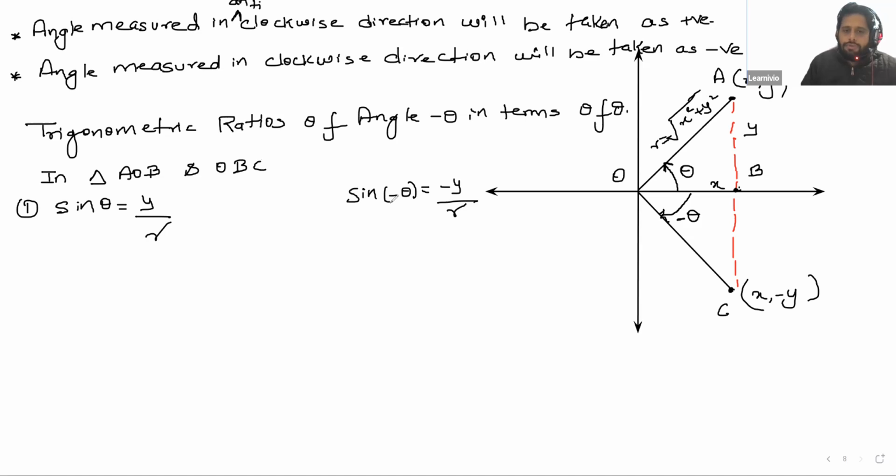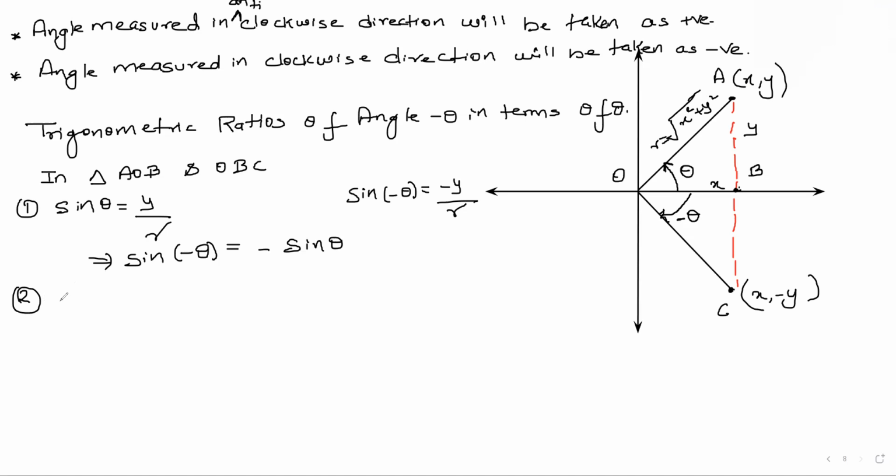Sine minus theta is minus y by r, and sine theta is y by r. So we can say that sine minus theta is equal to minus sine theta. Is this clear? Yes, sir.